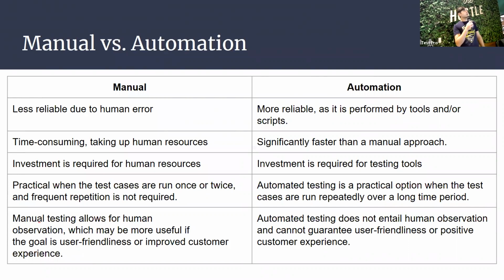Manual requires investment in human resources, which we all know are in shortage in software development teams, QAs and developers. But automation is more about investment in testing tools and infrastructure. Manual works best when you need to do some testing once or twice, but automation is better run as frequently as possible.